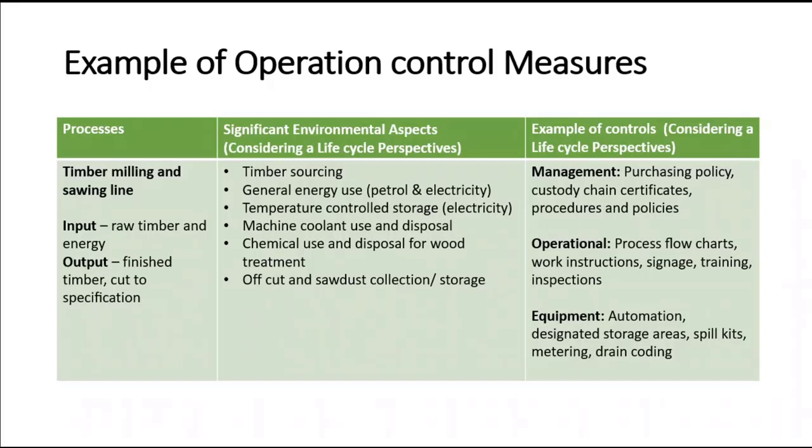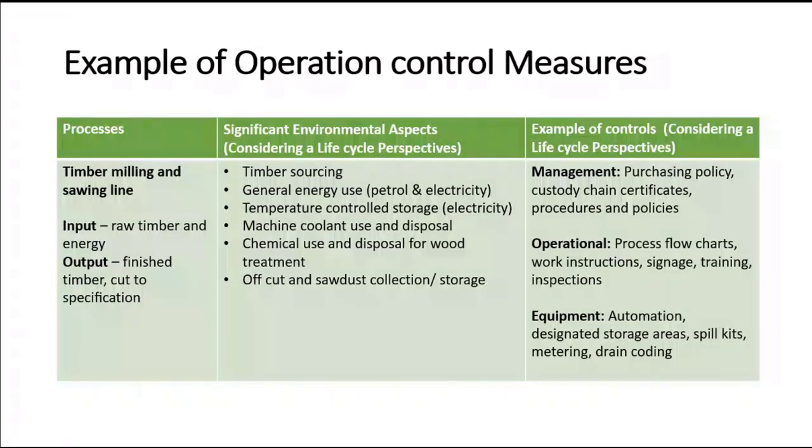Then you have the temperature control storage, which deals with energy consumption. The machine coolant use and disposal, this is chemical. Chemical use and disposal for wood treatments, also dealing with chemicals. The offcut and sawdust collection and storage: besides the finished timber, you also produce sawdust.